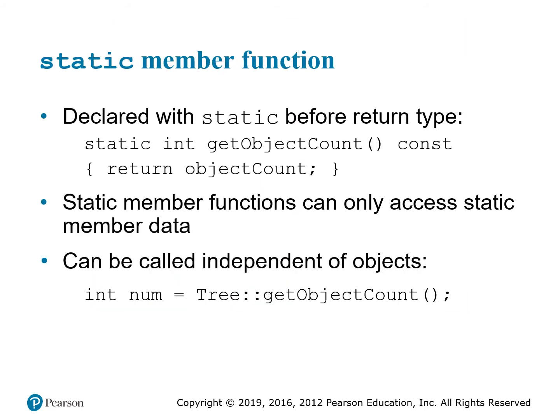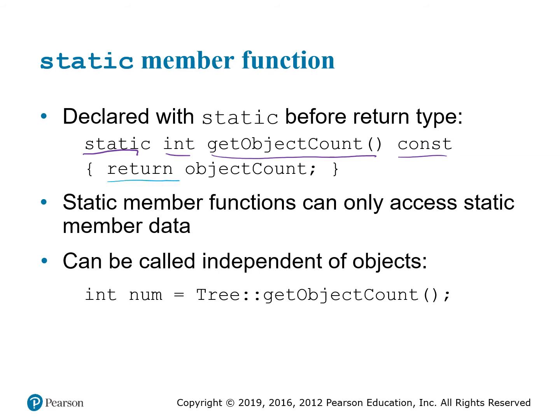Okay. A static member function, same thing. It's declared with static before the return type. So you could have a static void, you could have a static int, a static anything. So we say static int getObjectCount. We add the keyword const here because we're not changing any data in this function.